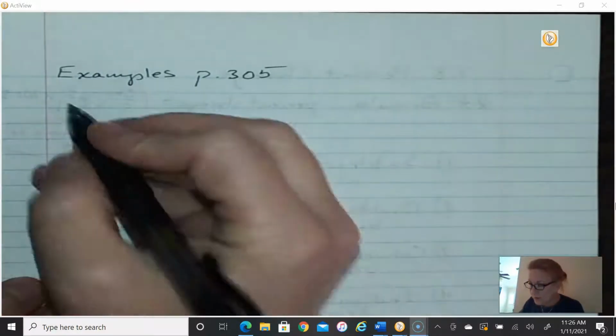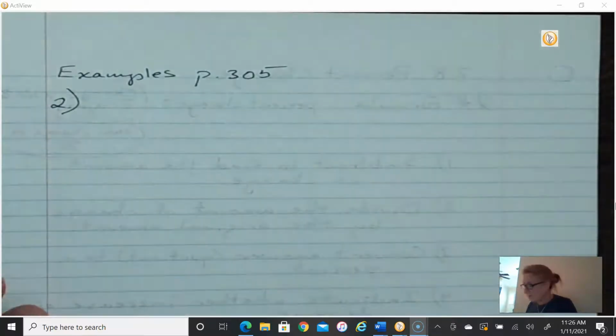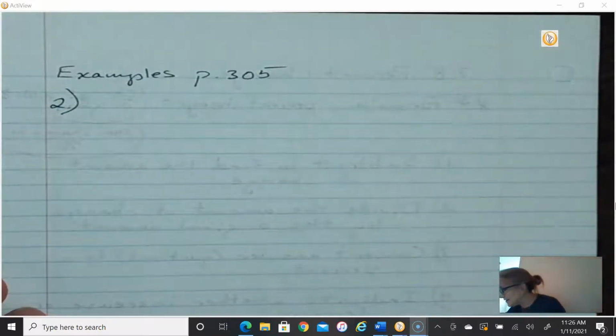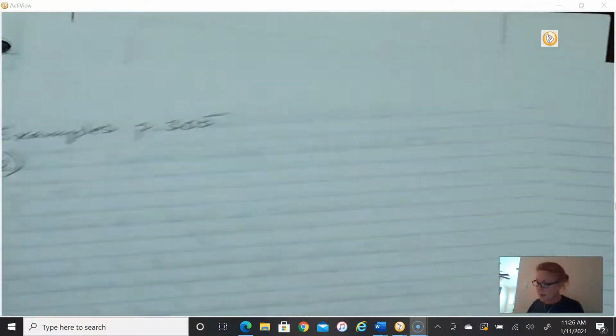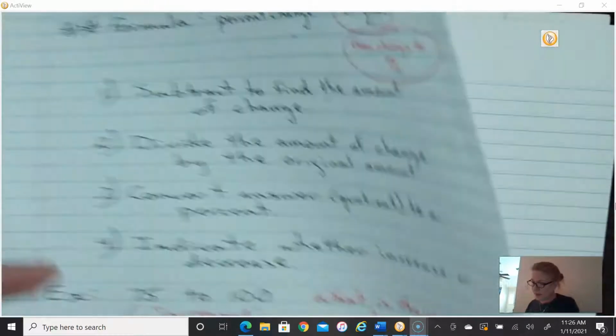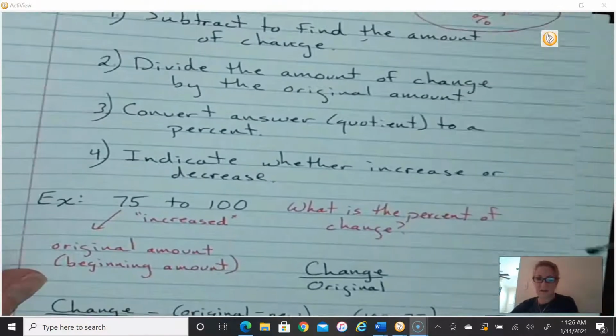Okay, so let's start with number 2. All right, these are going to be very basic. Number 2, the directions say calculate the new amount. Now remember, up here, in fact, I'll even write this down.